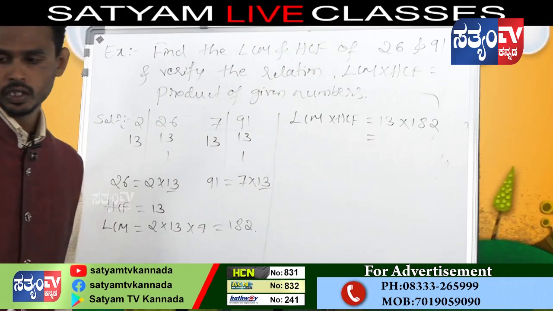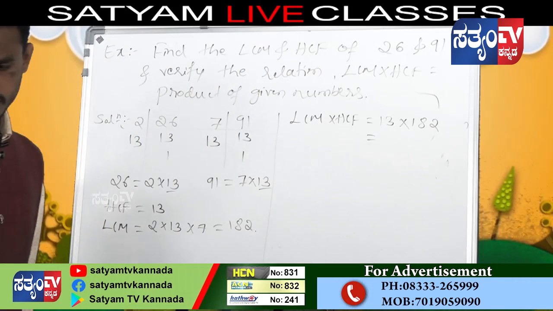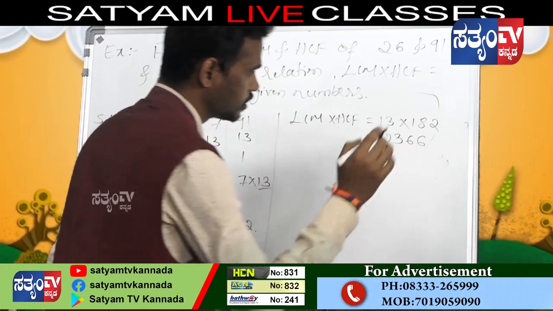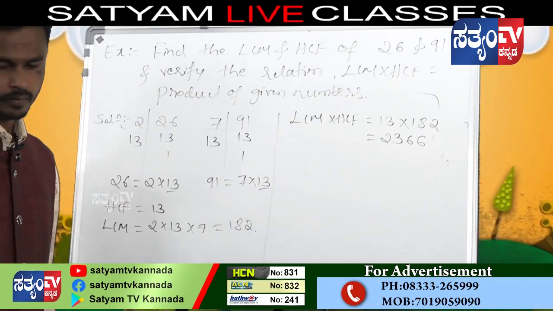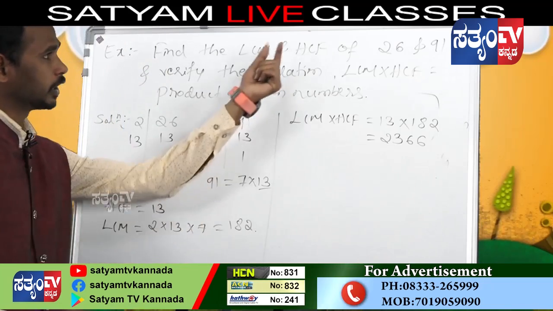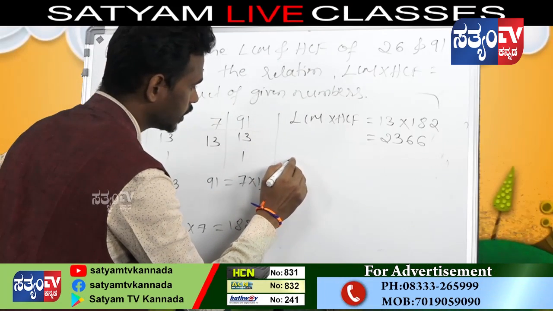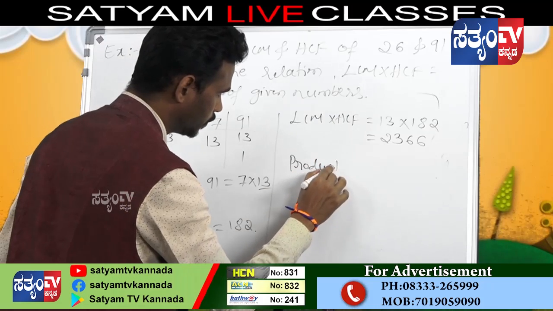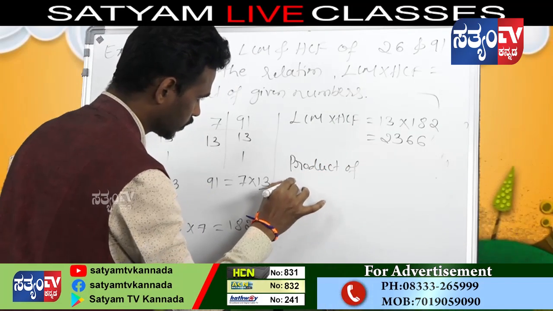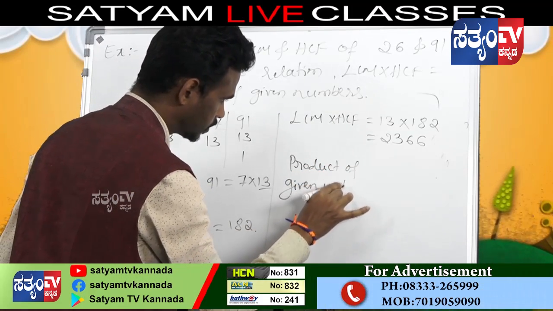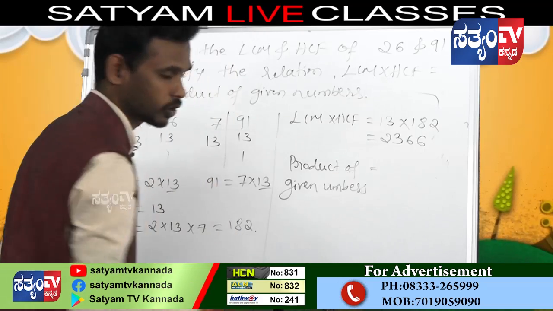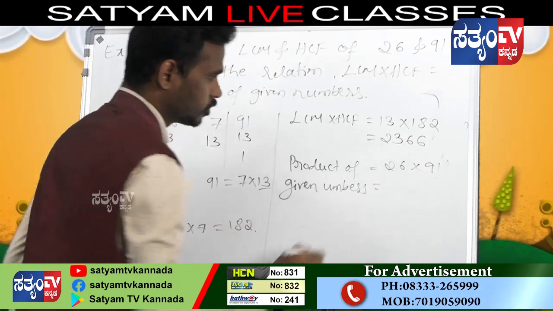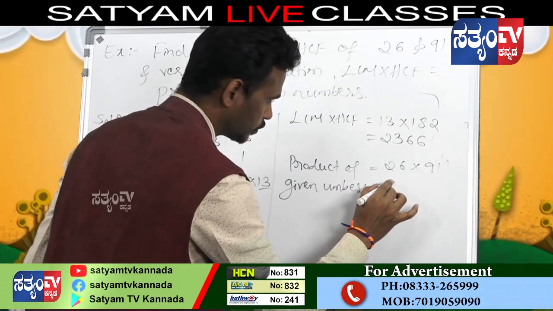Multiply these two, and you will get 2366. Now multiply the given two numbers, product of given numbers, that is 26 into 91. If you multiply these two also, you will get 2366.